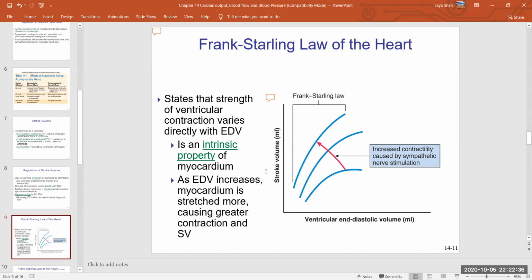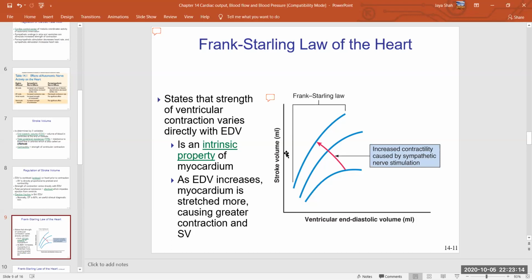So if you see here in this graph, based on the Frank-Starling law, the x-axis is ventricular end-diastolic volume in milliliter, and the y-axis is stroke volume in milliliter. Okay, so let's see, this is the control, and this is the failure, and this is another graph with increased contractility caused by sympathetic nervous stimulation.